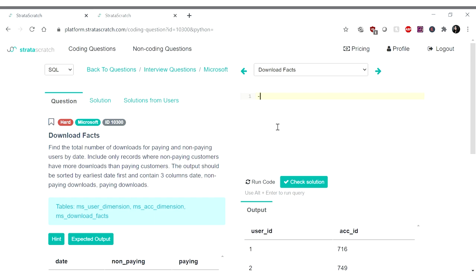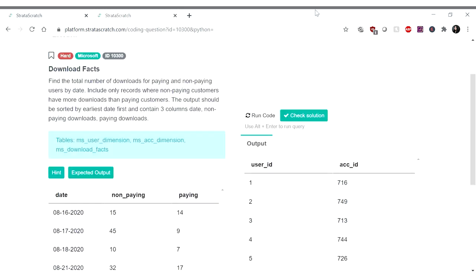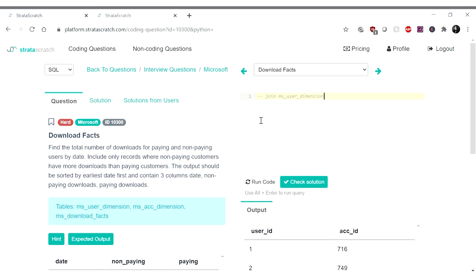First, we want to do some joins. We're going to be joining together these tables: MS user dimension, MS account dimension, and MS download facts. After that, we'll be grouping by date. For each date, we want to use a case when.